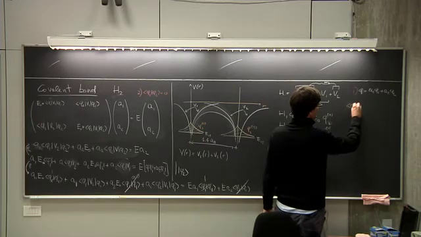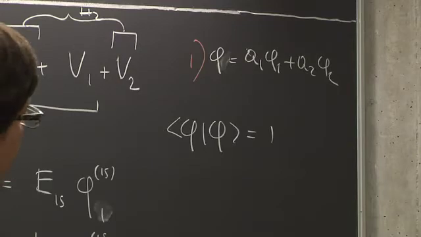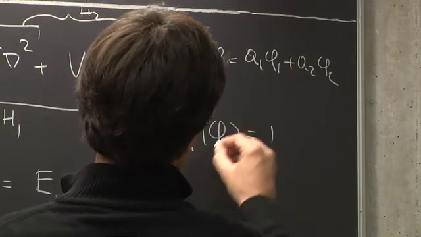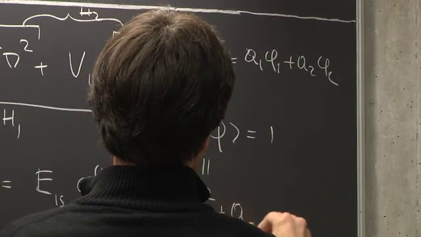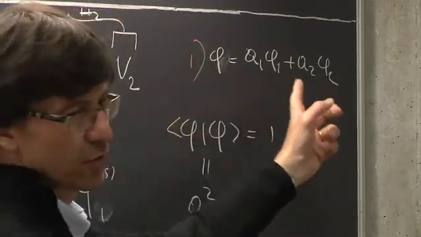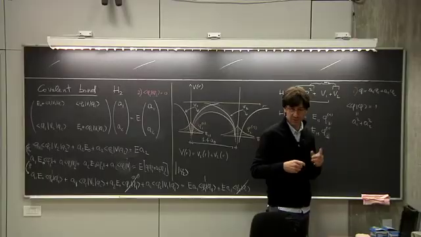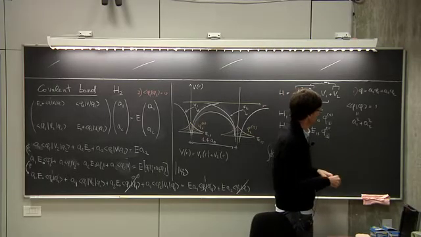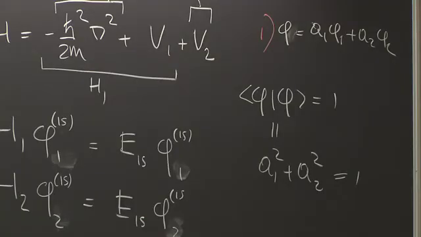I want to impose that phi is normalized. When I do that, I get A1 squared plus A2 squared, because all the cross products give me 0 in this approximation, since phi 1 projected on phi 2 is 0. So A1 squared plus A2 squared must be 1 if I use this approximation.